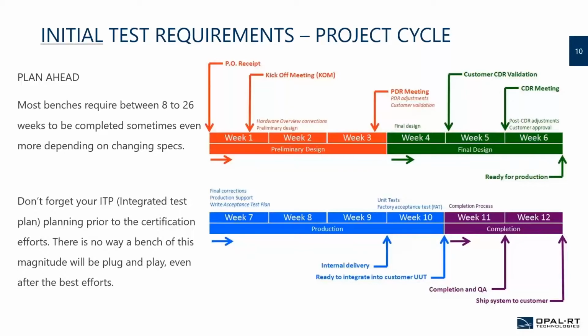But what we've done is that we've stepped it down a little bit in the criticality and the different documents to be provided at each milestone to be more flexible. Because let's say, for example, you're doing a design for an R&D bench. Well, usually your controller is not finally designed yet. So your specs might be evolving as the bench is being built, as the design is being done. So you need to be able to account for that in your project management to prevent costly changes later in the program.